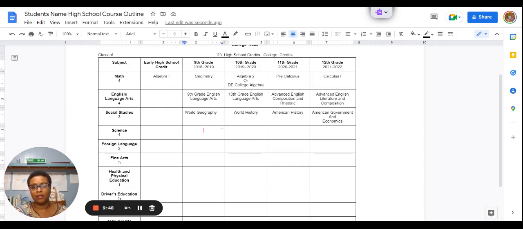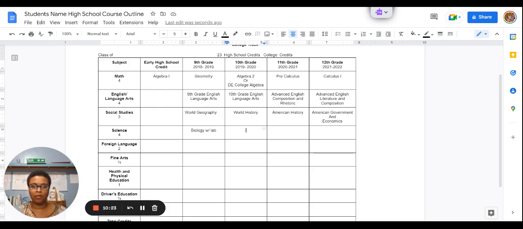Now your sciences, typically you start off your 9th grade year with biology, and you want to put that with a lab component because that's typical. And then your chemistry, you have to pay attention to your math. You don't want to take chemistry until you're at least going into algebra 2. So let's say you were taking geometry 10th grade year. You might want to hold off chemistry till 11th grade when you're taking algebra 2.